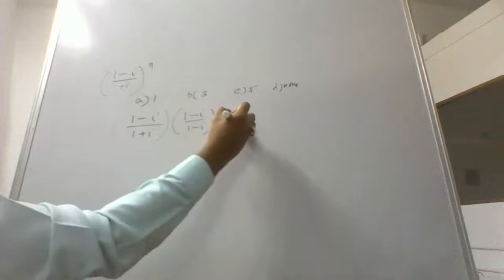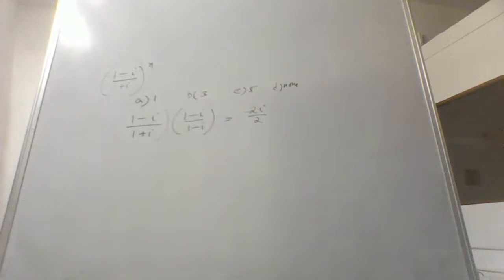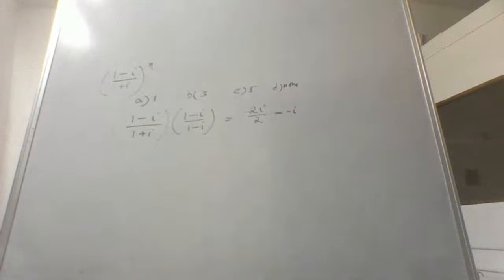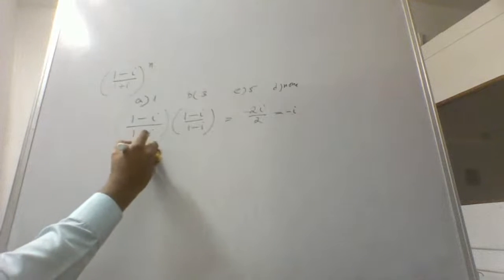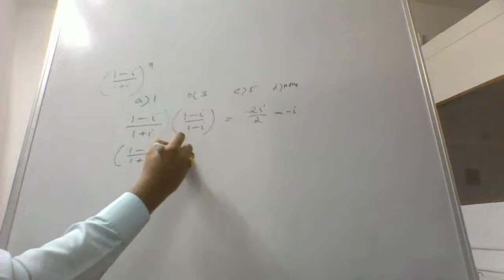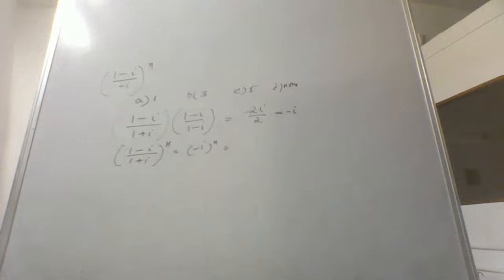If I try to simplify this further, I get minus 2i by 2, which is equal to minus i. So (1 minus i) divided by (1 plus i) to the power of n is minus i to the power of n.